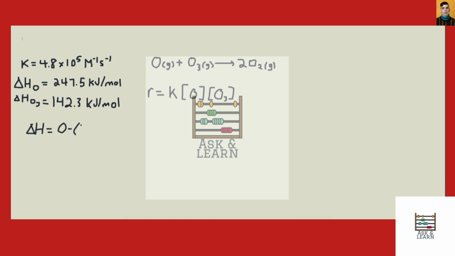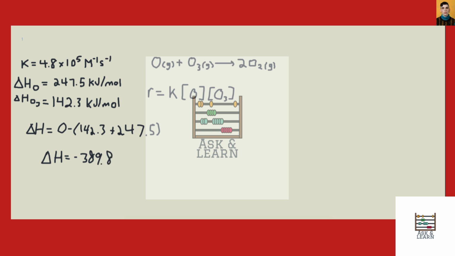So 0 minus, sorry, 142.3 plus 247.5. Delta H is minus 389.8 kilojoules per mole.